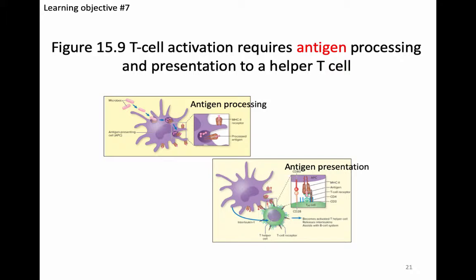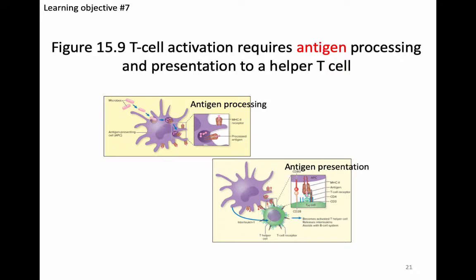In the second box below, we have the antigen-presenting cell in purple, which is presenting this exogenous antigen on an MHC2 molecule. Because the antigen is being presented, the T cell can now recognize it. The T cell that will recognize exogenous antigens presented on MHC2 is the helper T cell.